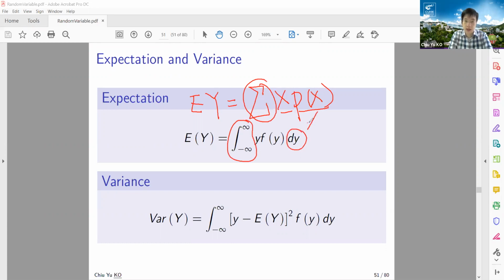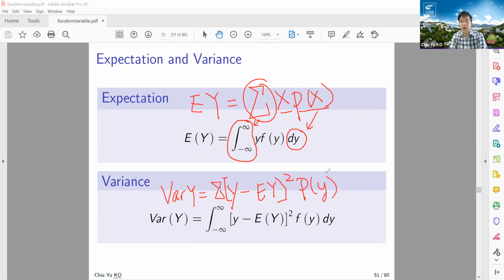Because now we're adding too many very small things together, so we need to use integration. And the variance, the same idea, right? The variance in a discrete case is the summation of (y minus the expectation of y) squared times the probability p(y). Okay? This is just to recall, we discussed it in detail already.